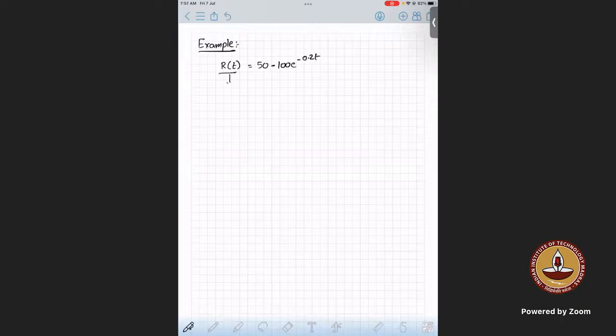This R of T represents the percent of people who respond to affiliate links.